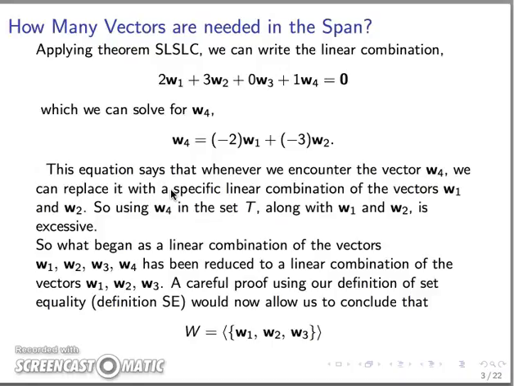So W4 is some type of excess of information when we're interested in the span of T.